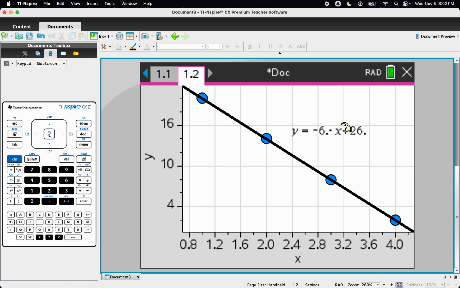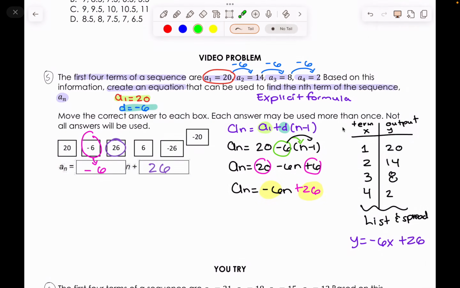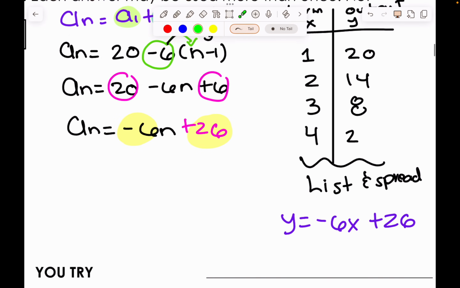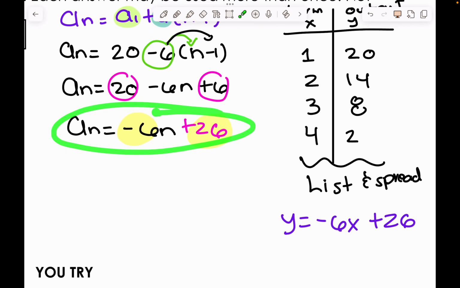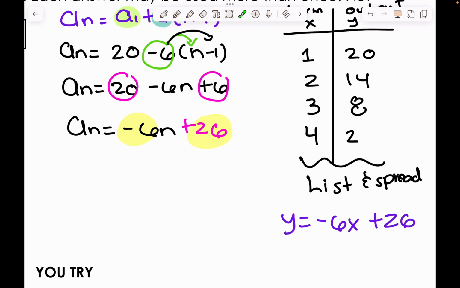Now, let's go back to the original problem that we were doing. Notice, whether I solved it by hand or using the calculator, the answer is the same.